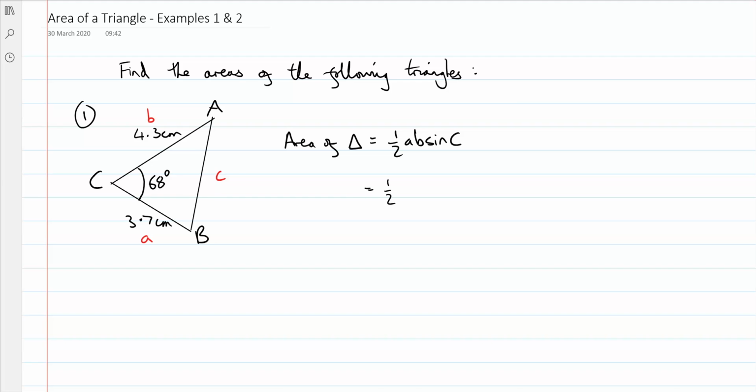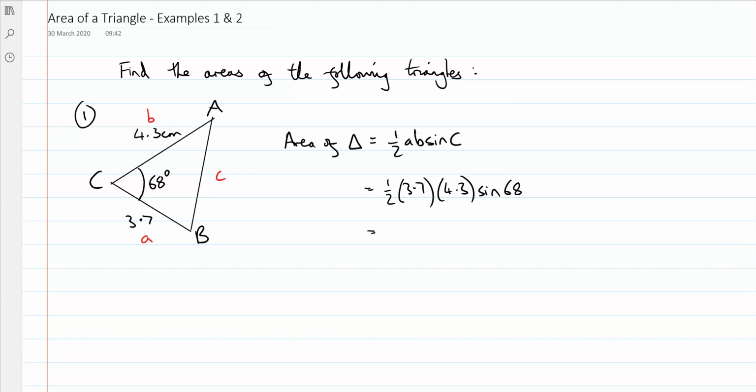So we're going to get a half, a, which is 3.7, b, which is 4.3, sine of the angle at C, which is 68. And then we can just stick this in our calculators.